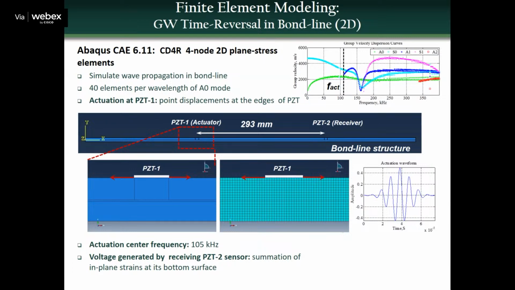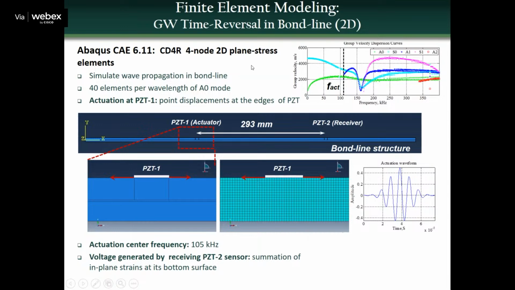So we start with finite element simulation. Here, this is a 2D time reversal simulation in a bond line problem. Everything is done in Abaqus. You simulate the wave propagation in the bond line. Here is the setup for choosing the A0 mode.